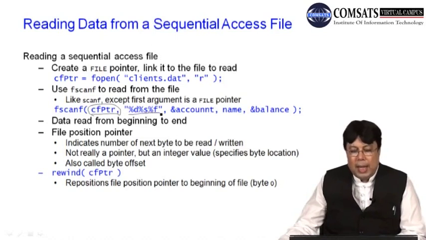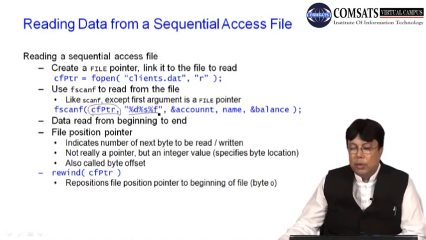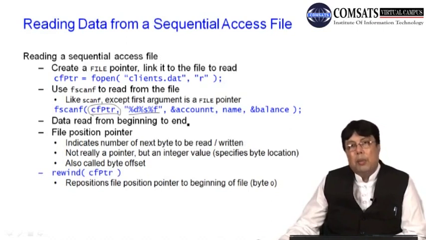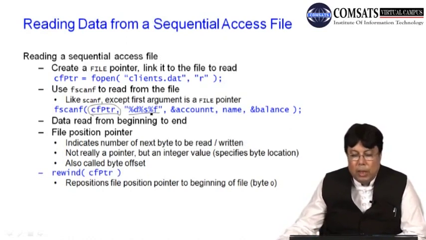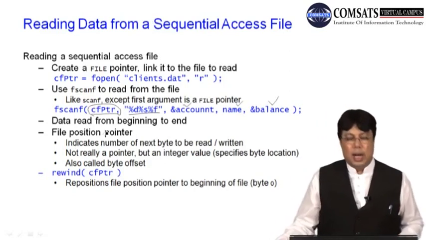I told you that scanf, if you want to read a formatted file, or if you want to write a formatted file, will read the first account in decimal, then the name as a string, then floating point data in balance. So data is read from the beginning to the end. It will read one record, because you are reading only 3 fields, so it will read these 3. Then you can keep on reading until you have a pointer which indicates that you are at the end of the file.